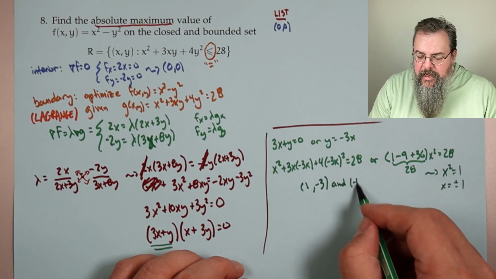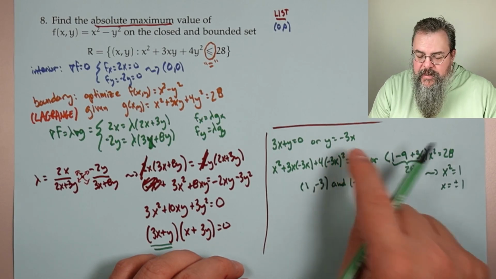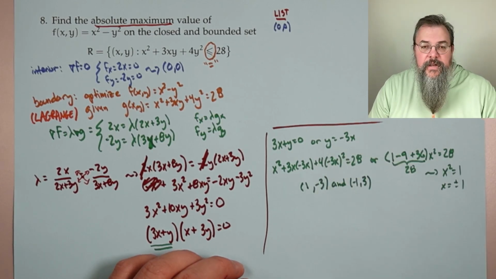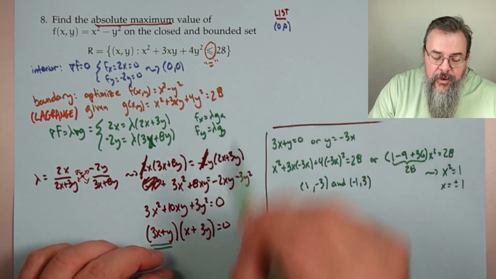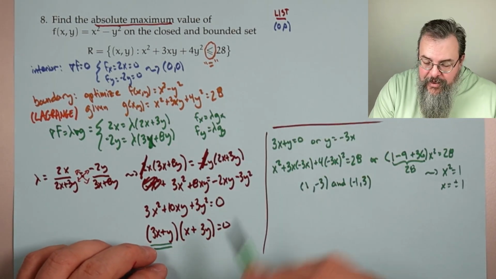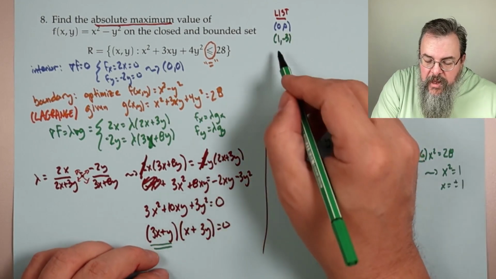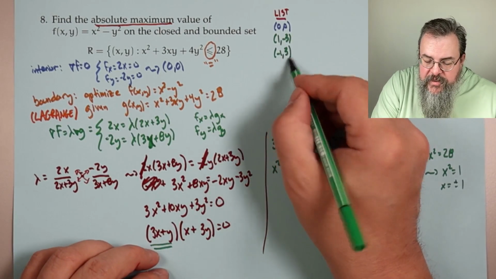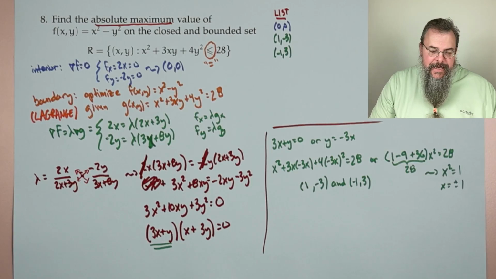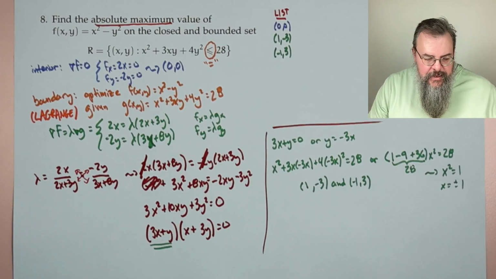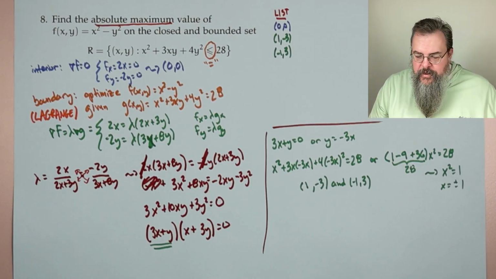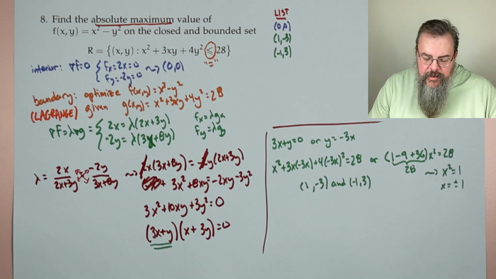And if x equals negative 1, y equals minus 3x, which gives you a positive 3. So those are on our list. Let's add them: 1 comma negative 3, negative 1 comma positive 3. Okay, next we have to go and do the other option, right?